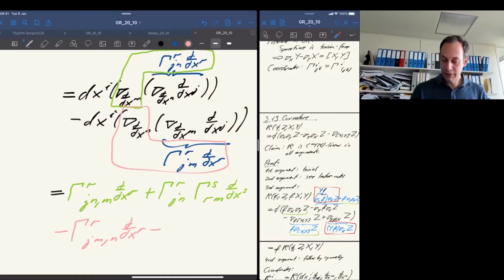And then for the second term again I keep the gamma symbol, but have the second term where I have to introduce a new variable s. Now I take the derivative of a vector d to the dx r in the direction of n. So this n here appears now.